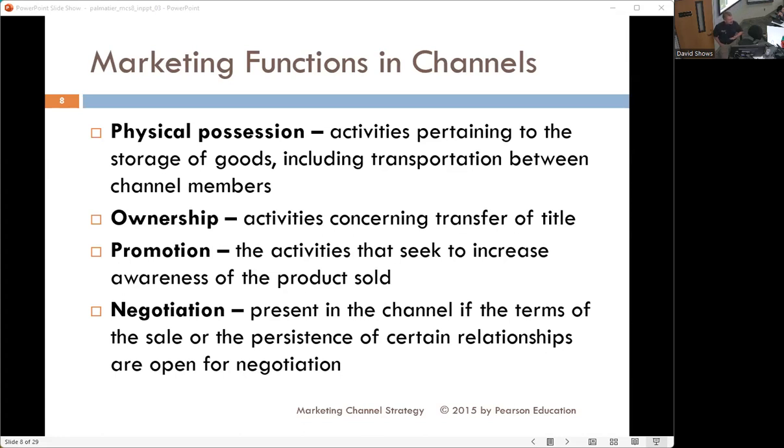Negotiation is present in the channel, even if there's persistence in certain relationships, everything is open to negotiation. And it also leads to superior value if you're good at it. That's all I can say. Usually it's measured in personnel time in negotiations, the cost of the legal contracts, but many times it's how fast you can cut to the chase. And that's what I try to do in my negotiations, but not as good as all that.